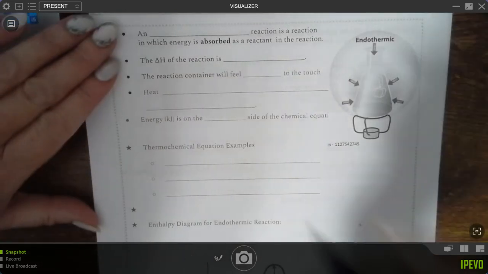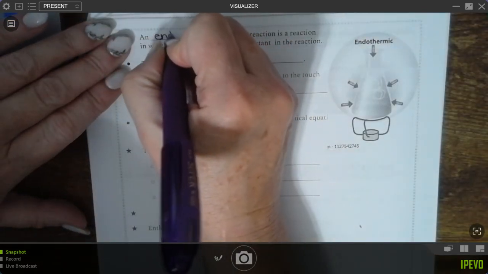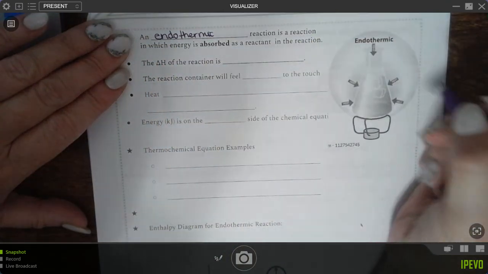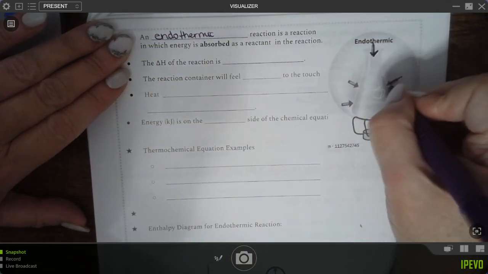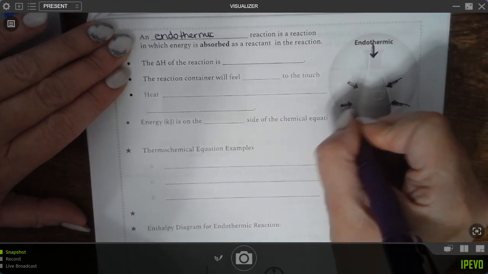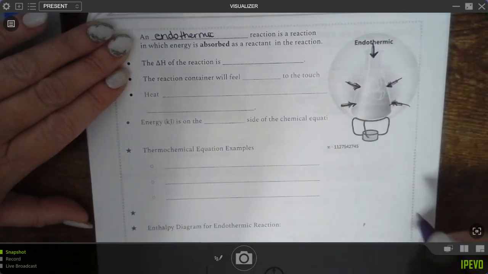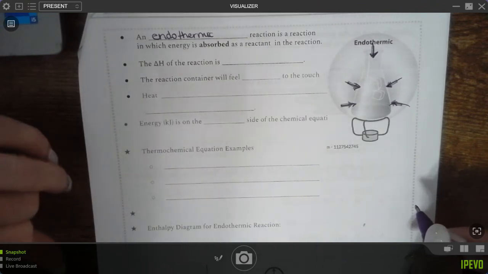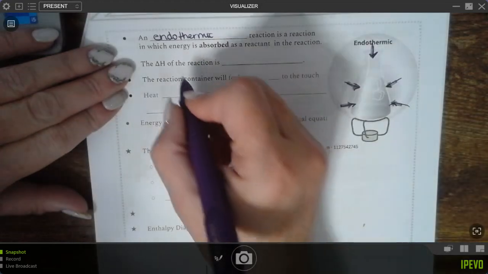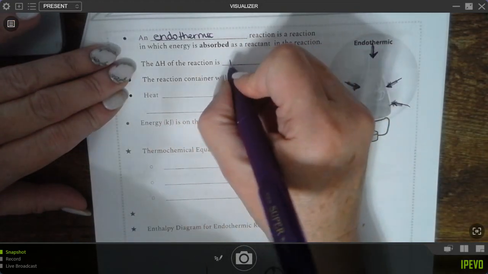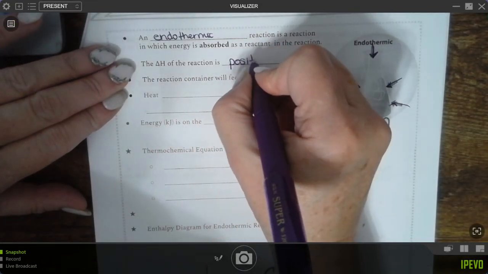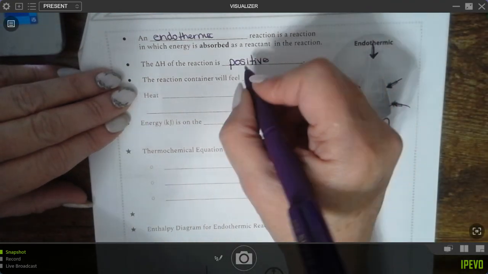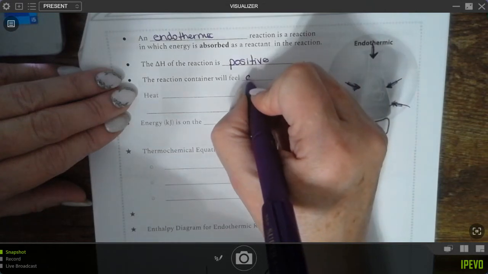So an endothermic reaction is when heat energy is going into the system from the surroundings. Energy is being absorbed. The delta H of the reaction is a positive number. The reaction container in an endothermic reaction will feel cool to the touch.